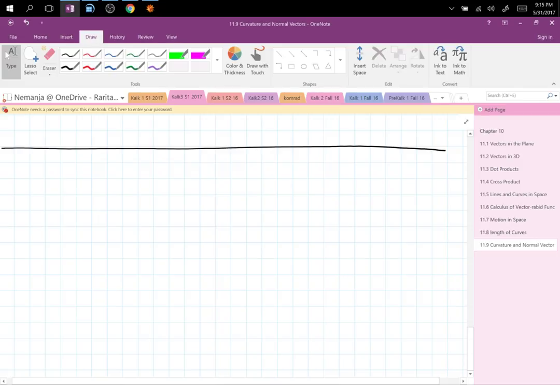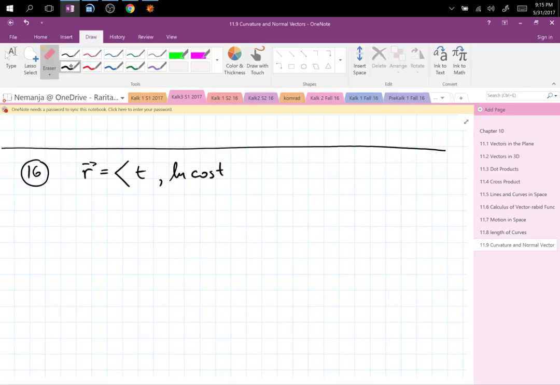Problem 16. t, ln cosine t. I have no clue how much fun this is. I just picked a random problem, so you guys figure it out. Can you repeat the question? Find the curvature. Oh, okay, the kappa. Curvature.